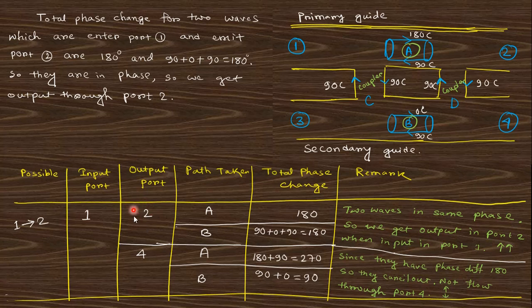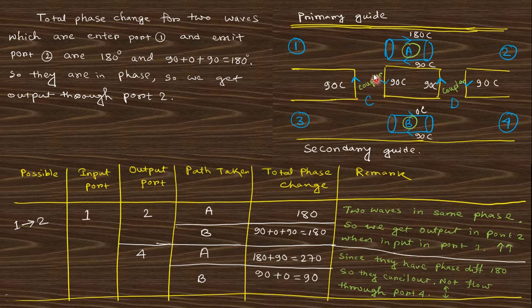There is no output in 3, because this is the property of the directional coupler, such that these two waves cancel out.